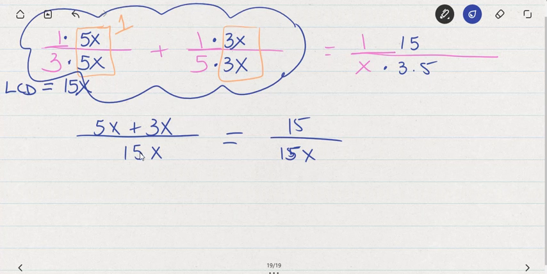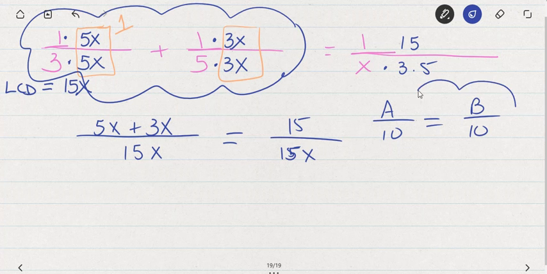So what we have is that the denominators are the same, and a property of fractions is that if we have two fractions that are equivalent, so a over 10 equals b over 10, for example, what do we know about a and b? Well, we would know that a and b must be equal.